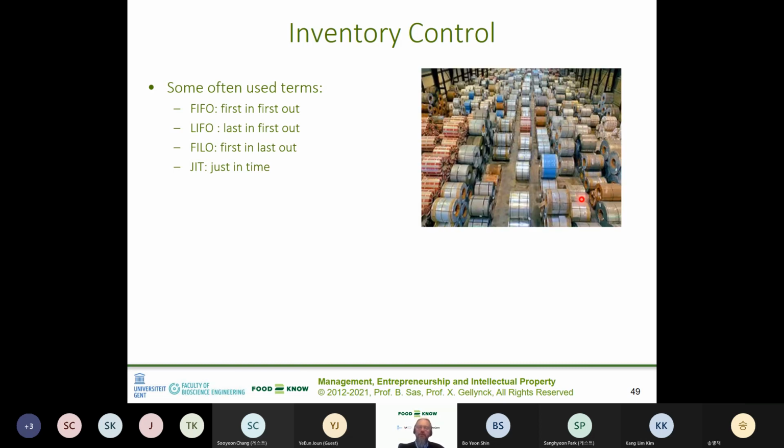This is an example of a corridor where you have an opening here. Here is no opening. So this is a very bad situation of warehousing. Here you can't do first in, first out. So if this was the first in, you can't put it back out. So here you end up with a terrible situation of first in, last out.